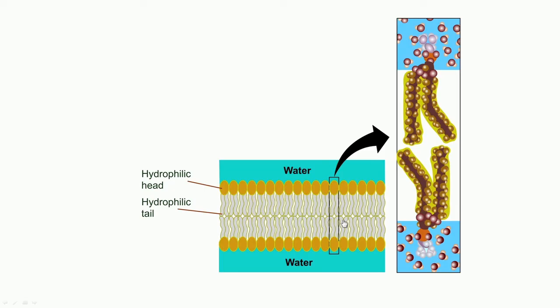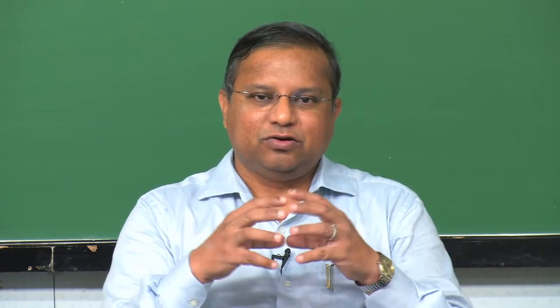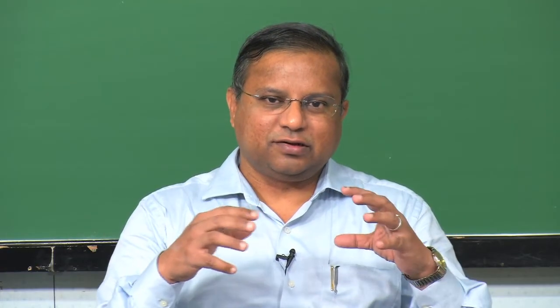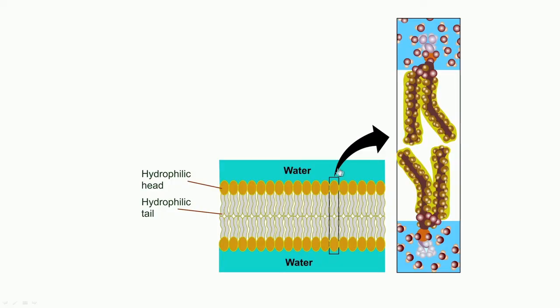So, by the very nature of these molecules, they act as effective barriers to outside components and they protect the cell. So, this is one of the important structure function relationships compared to lipid.